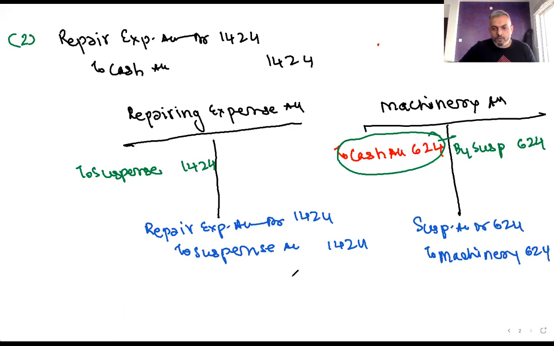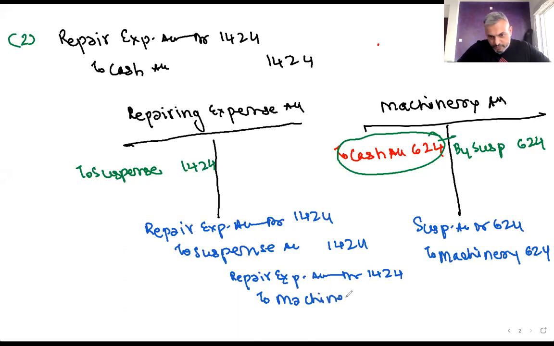Now we pass a combined entry, which I'm writing in rough over here, then we'll write it fair. Now repair expense account will be debited. So repair expense account debit 1424. Suspense account debit 624 and credit 1424. So it will come on the credit side only.